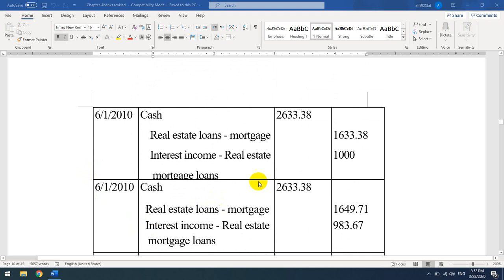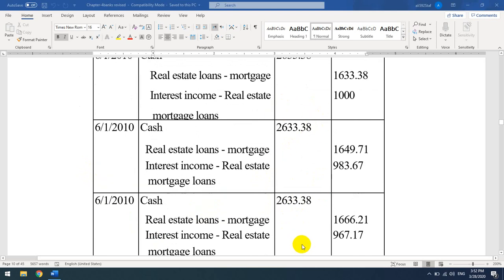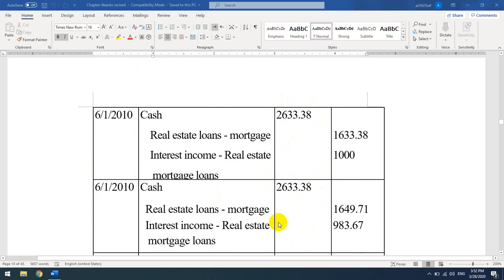The bank receives equal amounts by the end of each month, as you see. But which accounts are going to be credited? The accounts which will be credited are interest income and the real estate loan mortgage. Interest income takes the interest amount, and the real estate loan mortgage takes the remaining amount.